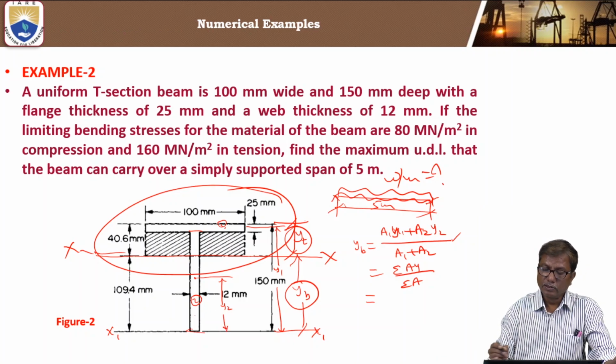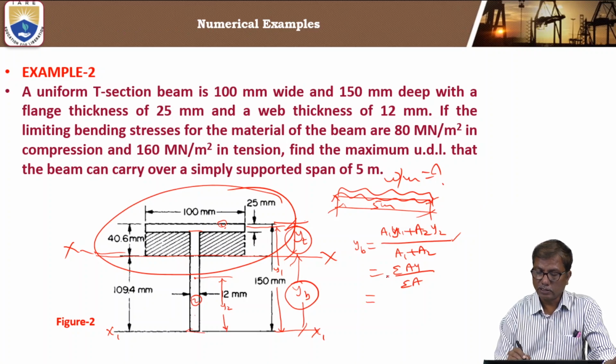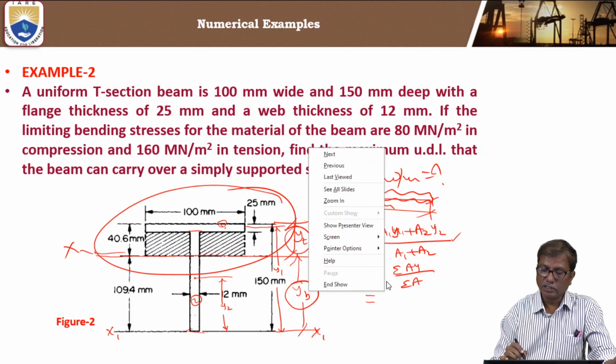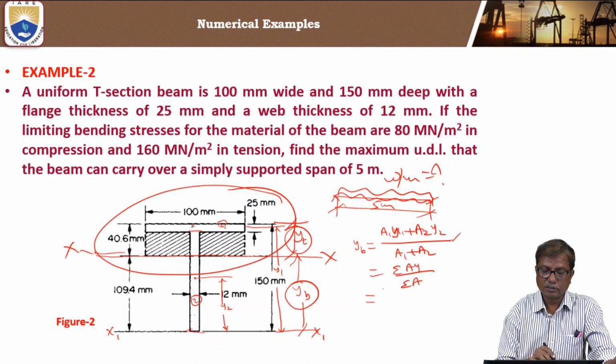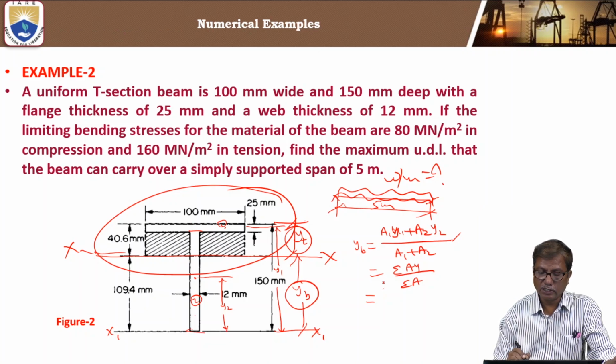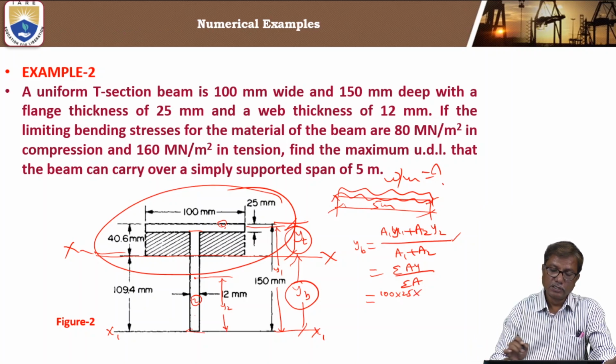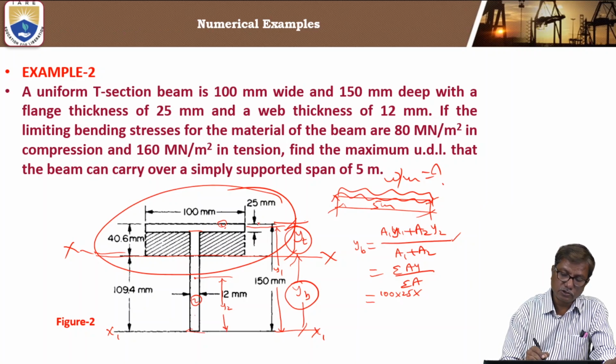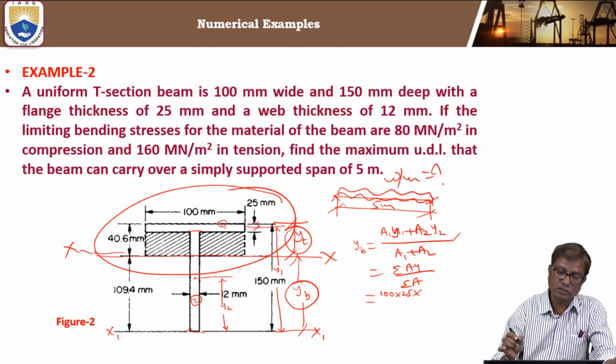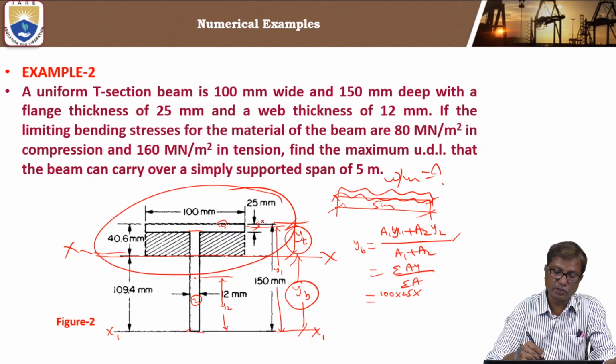So here both are rectangles. So the area A1 is 100 into 25. That is the area of rectangle. So distance of centroid from bottom is, total depth is 150, and you subtract the distance of centroid from top, which is 12.5.